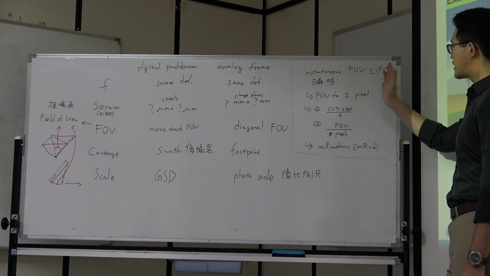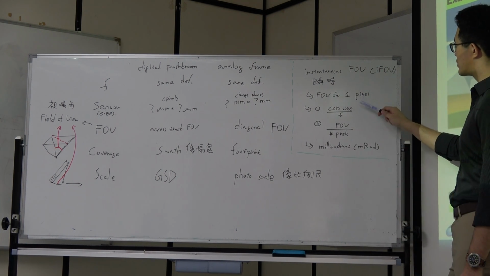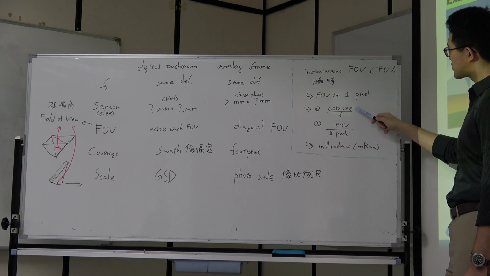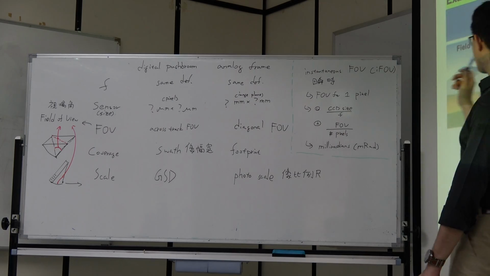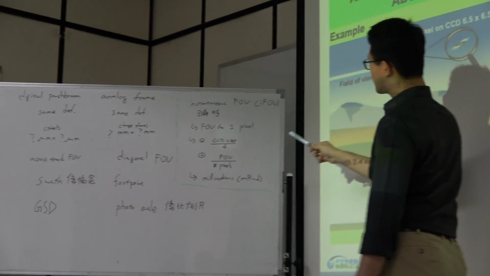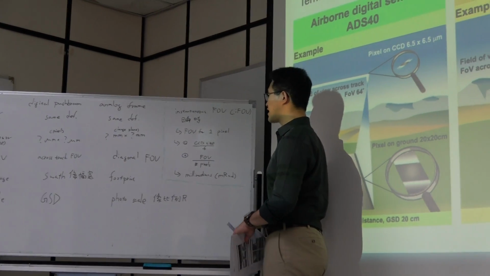Basically the calculation is like this. You could calculate it according to these two equations. The first one is if you have the CCD size, you divide it by the focal length, and that's the instantaneous FOV.